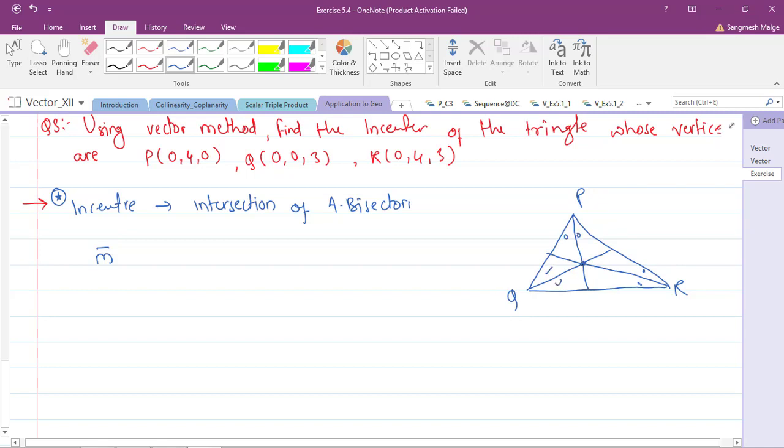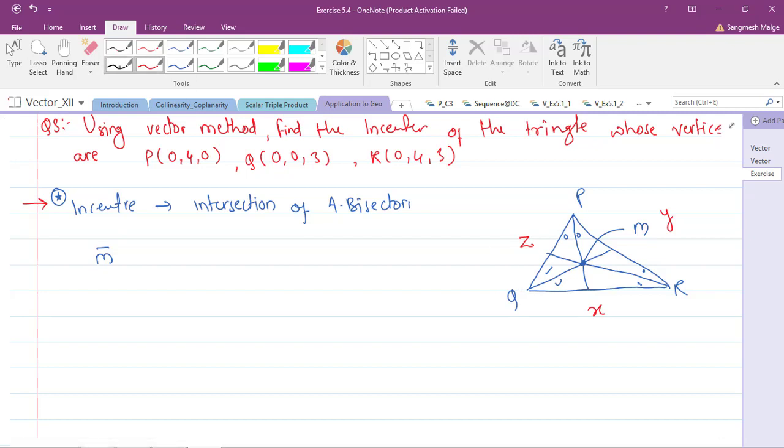Let's name this point as M, and this M is nothing but the incenter. So if you know the sides of this triangle, then we can easily find it. Suppose this length is x, this length is y, and this length is z. QR is x, PR is y, and PQ is z.